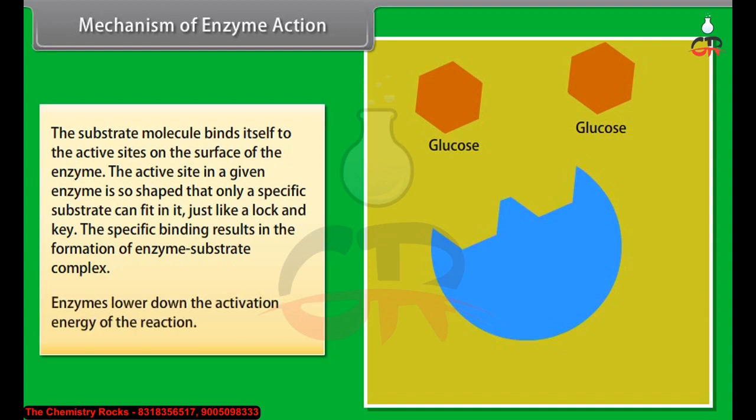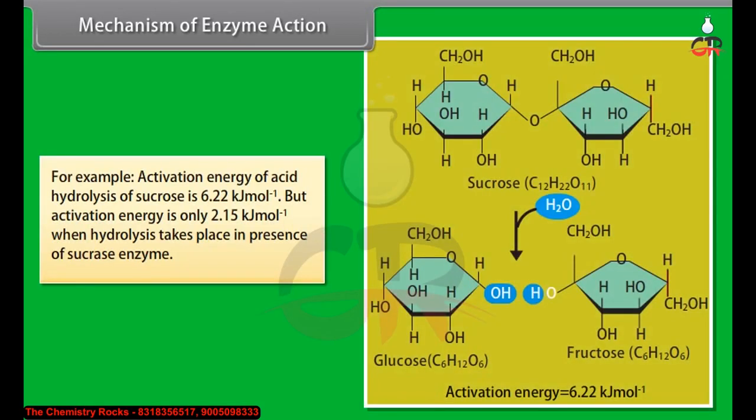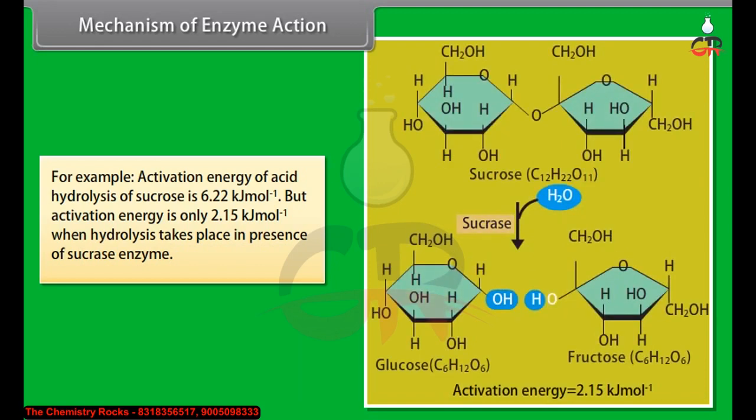Enzymes lower the activation energy of the reaction. For example, the activation energy of acid hydrolysis of sucrose is 6.22 kJ per mole, but it is only 2.15 kJ per mole when hydrolysis takes place in the presence of the sucrase enzyme.